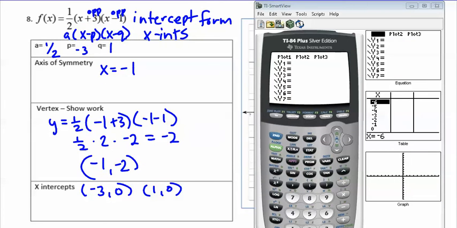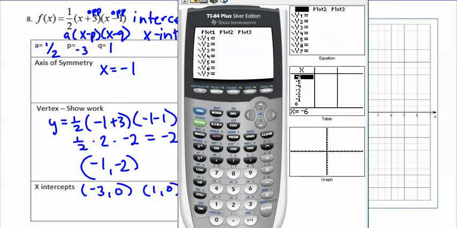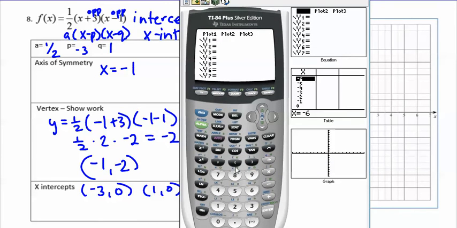In problem 8, we're in intercept form, but again, we can put this in our calculator. So 1/2 is a fraction. We need parentheses around your fraction, 1/2, and then we want parentheses x plus 3, parentheses x minus 1. And close parentheses.